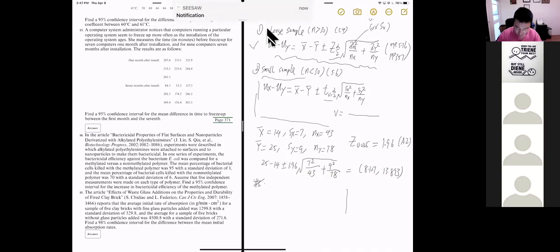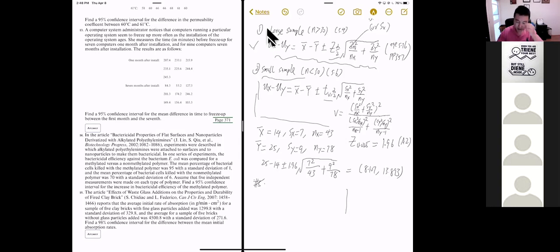So for the t value, we have degrees of freedom. The equation for that, let me just copy it here, involves Sx squared and Sy squared.